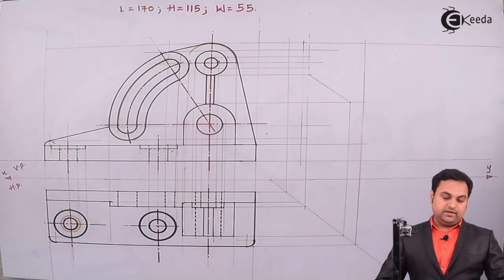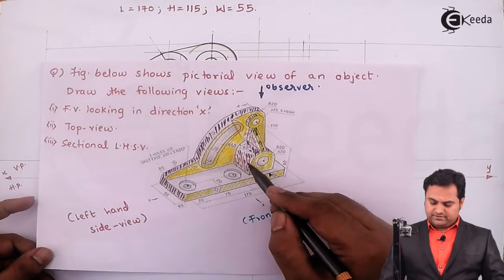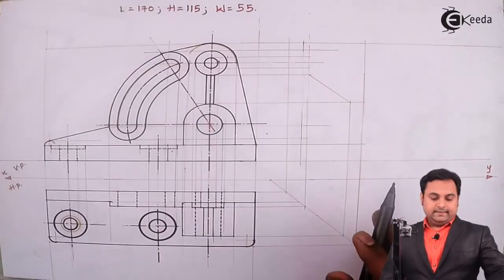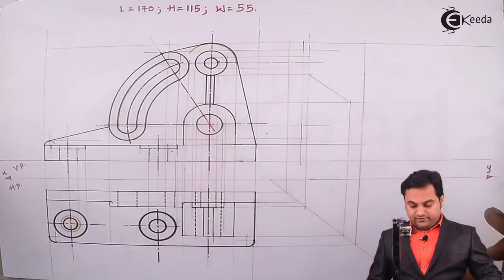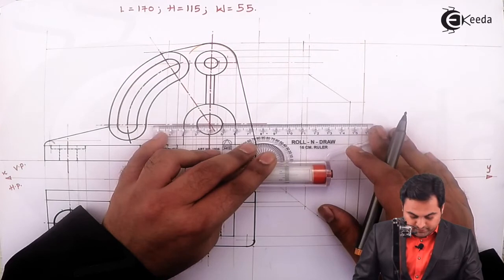Next, apart from that, there is a circular hole inside this semicircle which is having diameter 20, and that I can directly get from the front view. It will be there throughout the width.